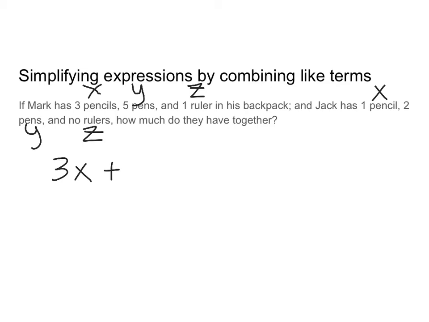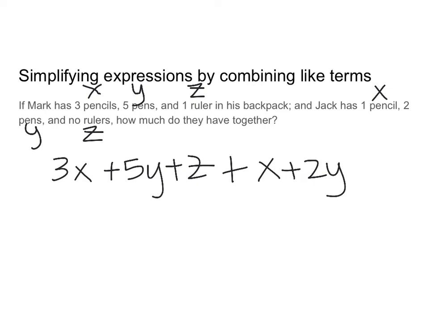So the 3 pencils for Mark are 3x, the 5 pens are 5y, and the 1 ruler is a z. So that's Mark's expression. And then Jack's expression is going to be just 1x, 2 y's, and no z's. So I'm not going to put down any z's.